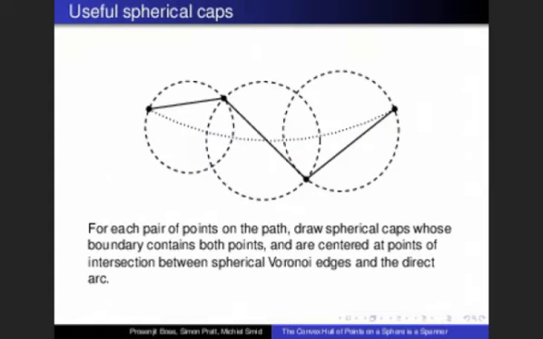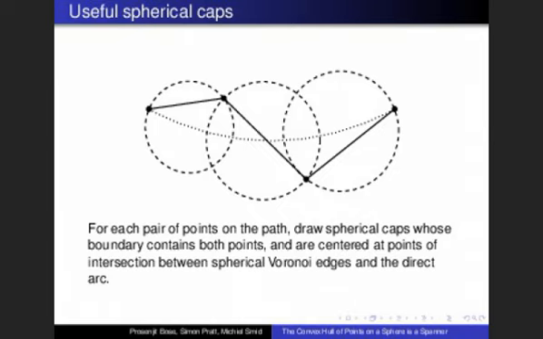So first of all, it's useful to define some spherical caps that will come in handy in bounding both types of these subpaths. So what we do is we draw the direct arc between our beginning and end points on the path.